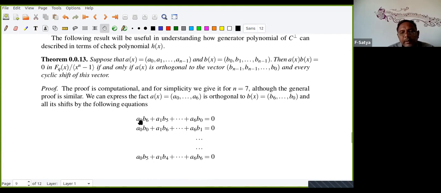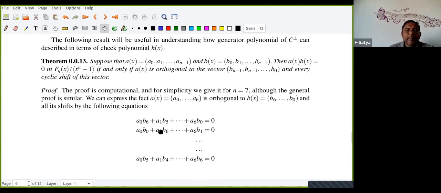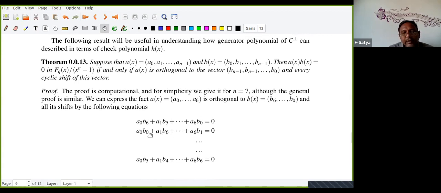Look at this one first. In all these cases, a0, a1, up to a6 are common. But now we have b6, b5, down to b0. Here, in the second row, it is a cyclic shift: b0, b6, b5, b1.